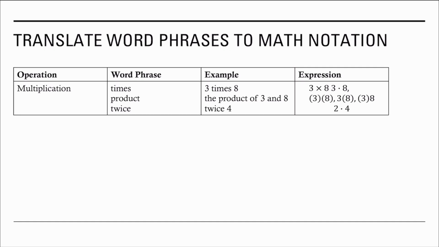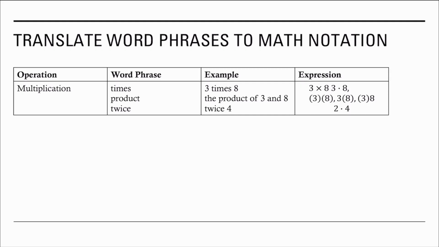And so we really need to get a good understanding of what word phrases correlate with multiplication. We can think of things like times, product, and twice, or a bunch of other ones really, some kind of concept or word that relates some kind of grouping by a bunch of other groups.